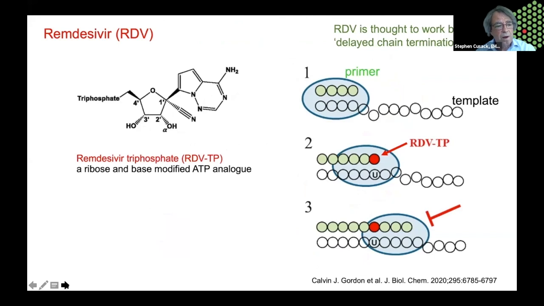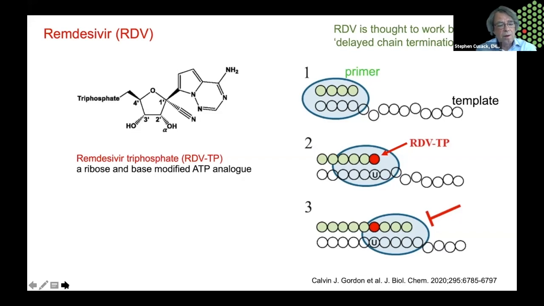Anyway, this drug again works by directly being incorporated into the product by the RNA polymerase. Then this works in a slightly different way. It's thought to be by what's called delayed chain termination. In other words, it is an ATP analogue that's incorporated opposite U, but it doesn't actually stop the polymerase until 2 or 3 more nucleotides have been incorporated. And then for steric reasons, it just seems to block translocation.